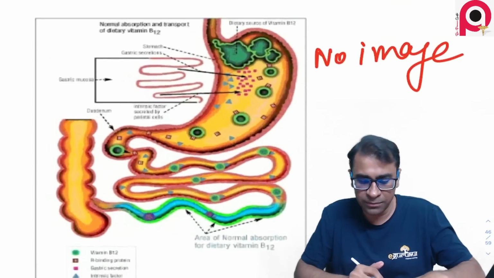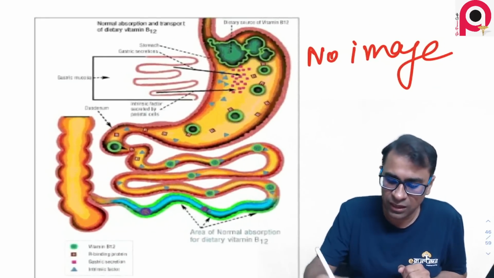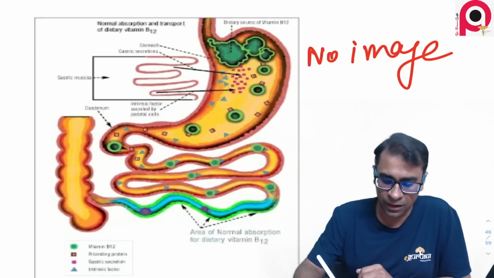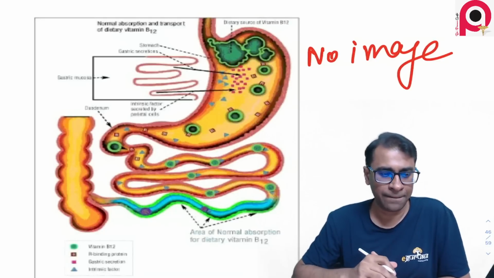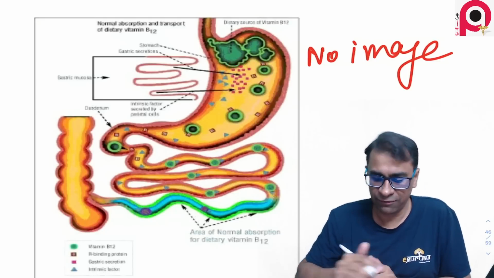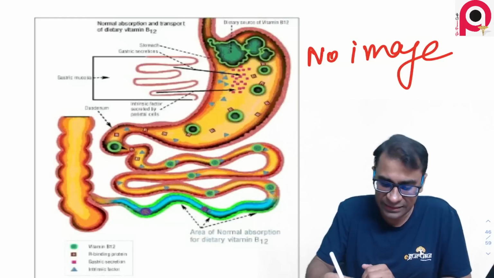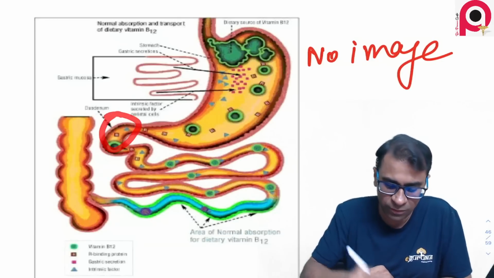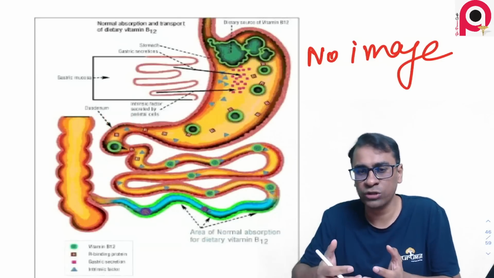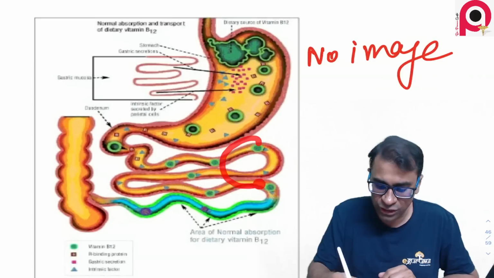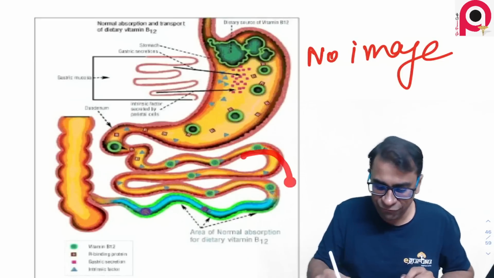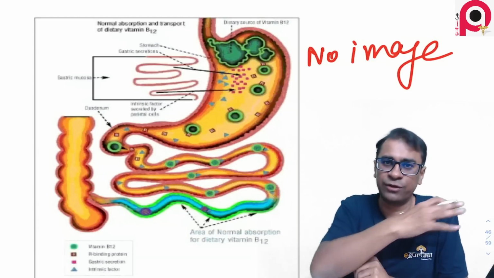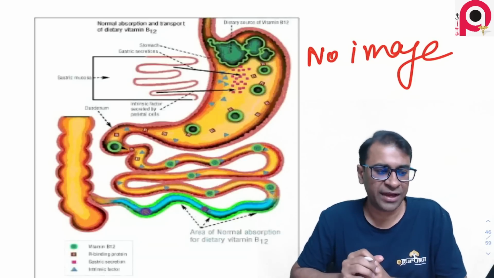Now, if you look at this, basically the intrinsic factor comes from the stomach. It will combine with B12 and then go into the duodenum. In the duodenum there is action of the pancreatic enzymes, because of which these split up and then go to the jejunum. In the jejunum there is no absorption. It finally reaches the ileum, and there with the help of the intrinsic factor receptor it is taken into the intestine.